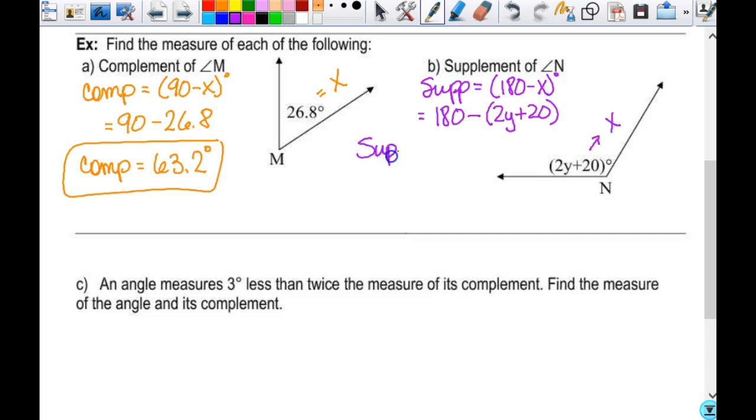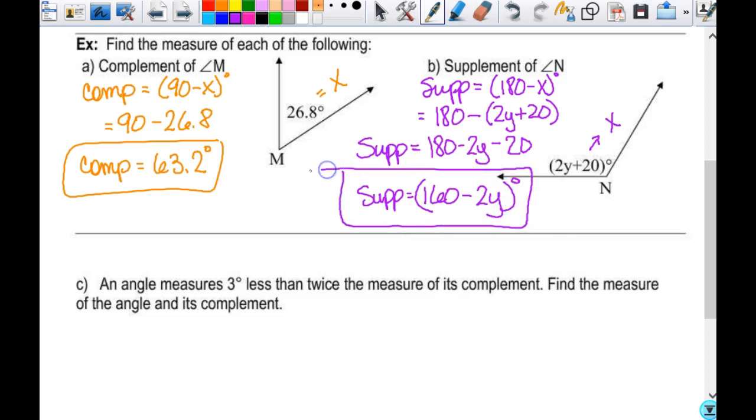So the supplement is equal to, what's 180? I get 180 minus 2y, and then minus 20. So the supplement is 160 minus 2y degrees. Can't mess up that minus the negative part.